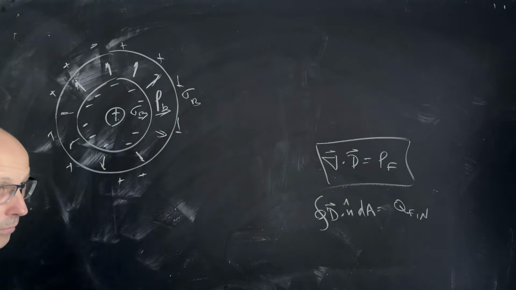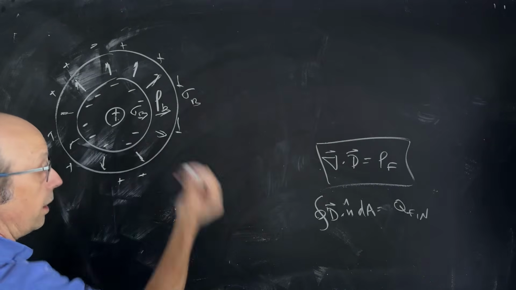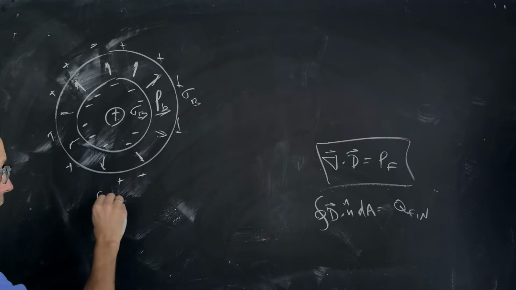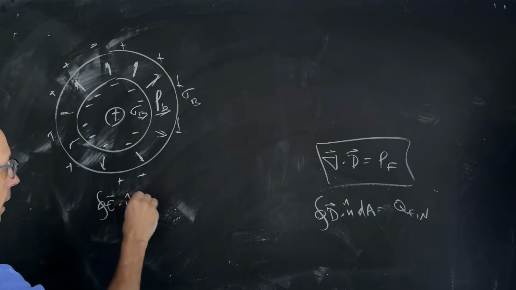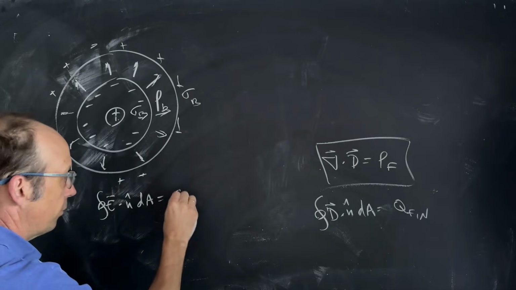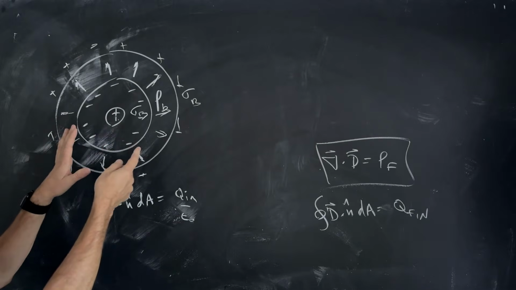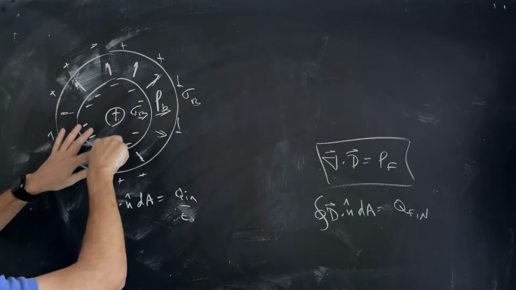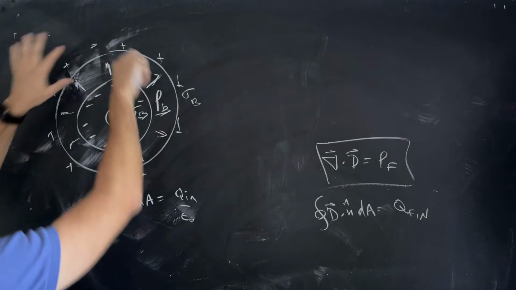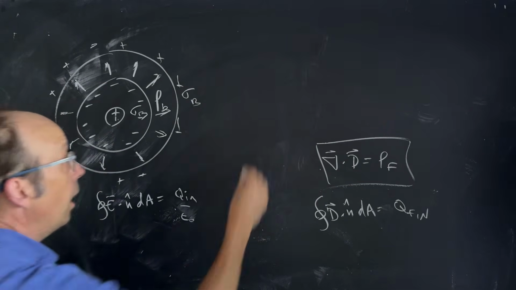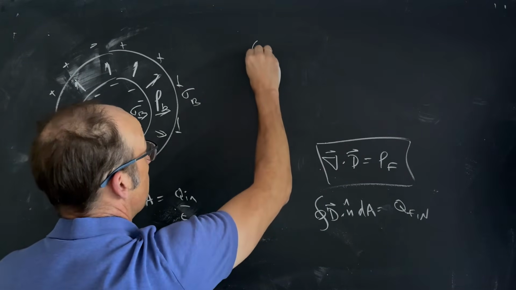Now, if I want to find the electric field anywhere, I could use Gauss's law, E dot n hat dA equals Q in over epsilon naught. And so to do this, what I would have to do is first calculate the surface charge, calculate the charge density, calculate the other surface charge, and I could do it. Or I could use the other version.